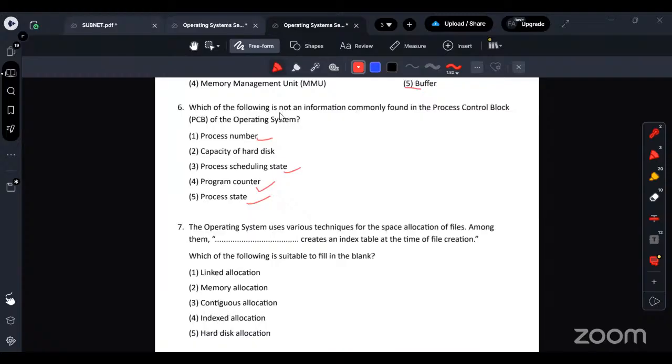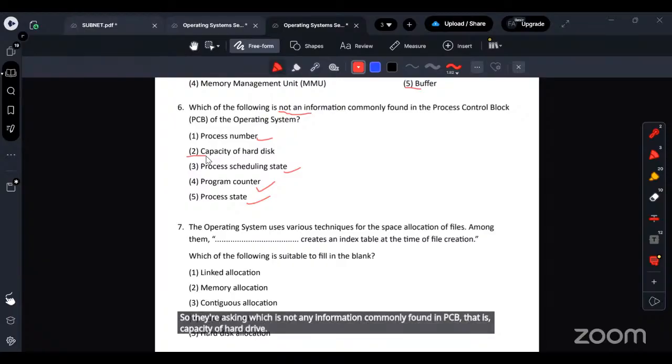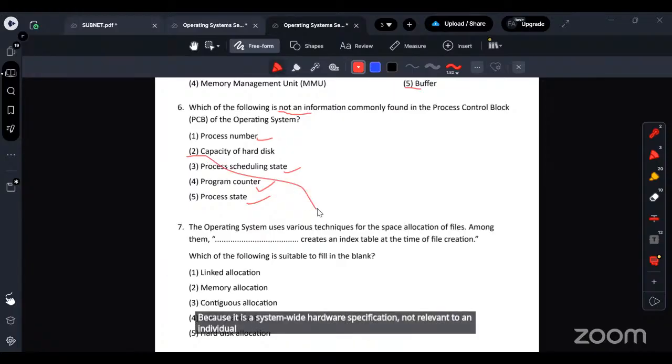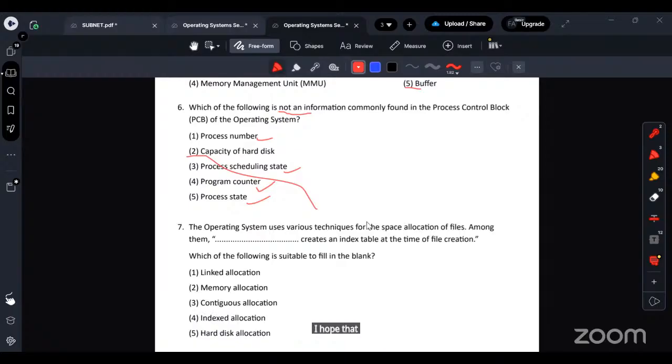So they're asking which is not commonly found in PCB, that is the capacity of the hard drive, because it is a system-wide hardware specification, not relevant to an individual process. I hope that was clear.